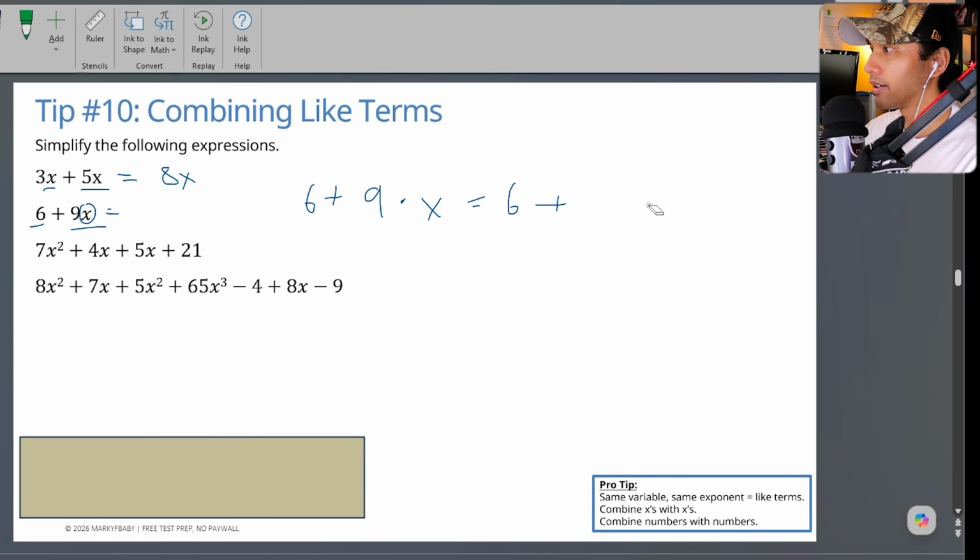And then we go on to the next, and I'm just going to write that for you guys. Okay, are there any terms here that are the same? Yes, there are terms that may look the same, right? But one of these three terms is not the same, and it's the one with the 2 as the exponent, or a squared x.